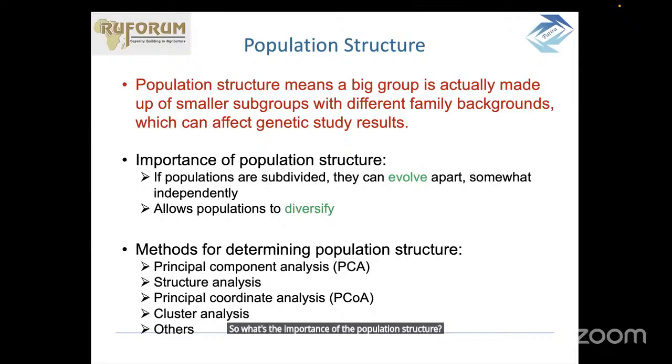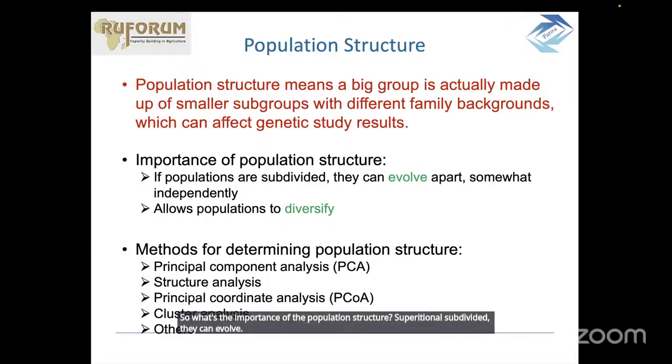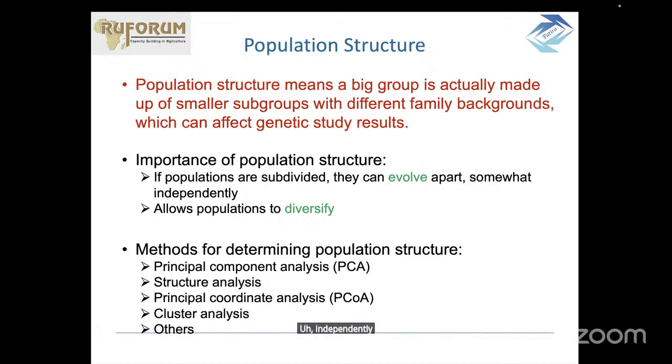If a population is subdivided, the subgroups can evolve independently because there's no breeding among them, which allows the population to diversify. There are several methods of determining population structure: principal component analysis, structure analysis, and principal coordinate analysis. You can also do cluster analysis and others, okay?